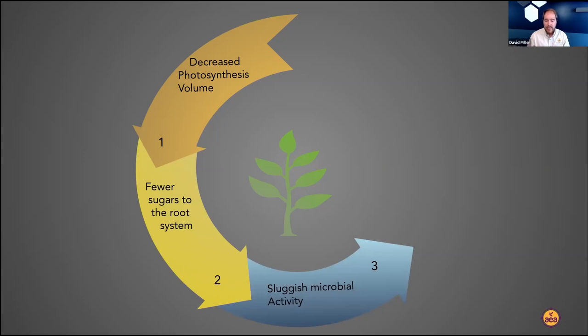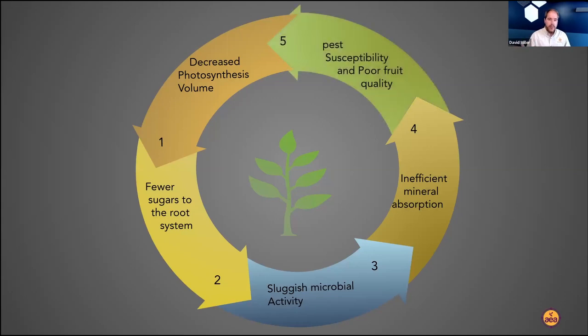You're going to have less biology in the soil, which means you're going to have less efficient mineral absorption, which means you're going to have a plant that's more susceptible to insects and diseases. So now we probably need to spray a pesticide to keep the pests away, or a fungicide to keep the diseases from destroying our plants.